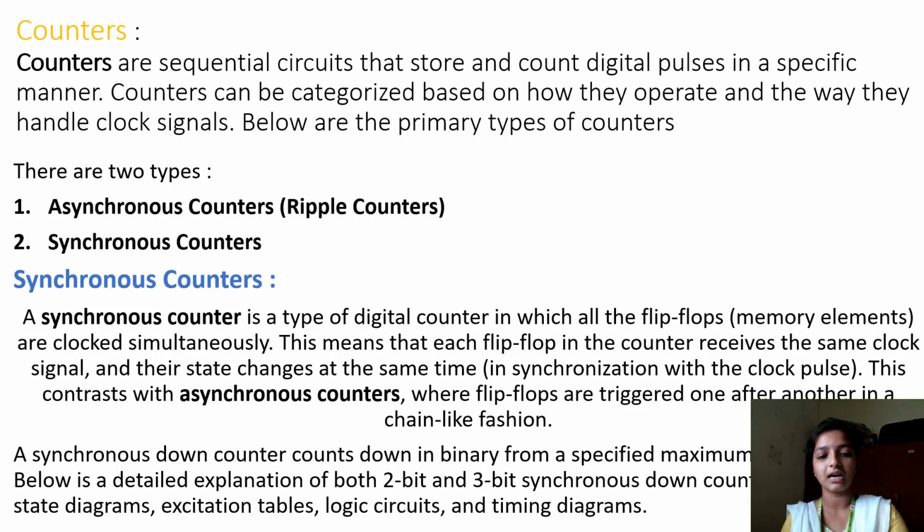This contrasts with asynchronous counters, where flip-flops are triggered one after another in a chain-like fashion. A down counter counts down in binary from a specified maximum. Below is a detailed explanation of both the 2-bit and 3-bit synchronous down counter, with state diagrams, execution tables, logic circuits, and timing diagrams.